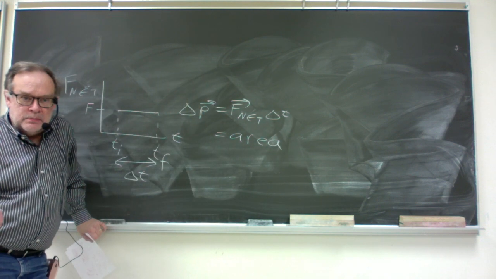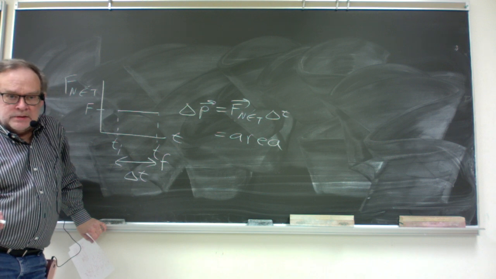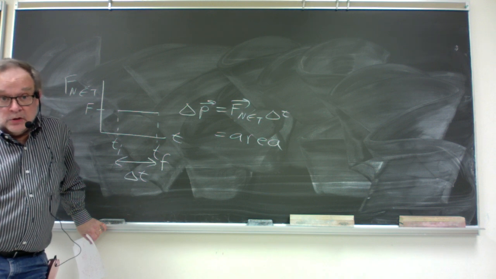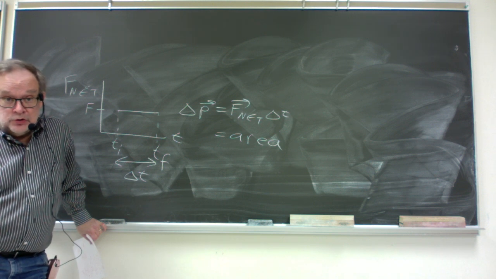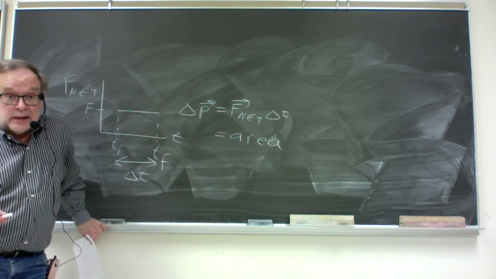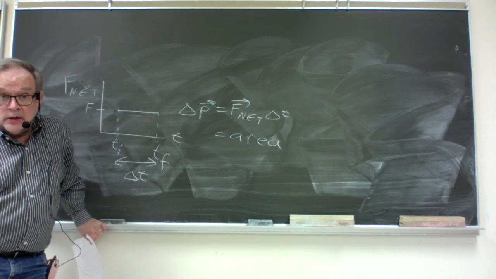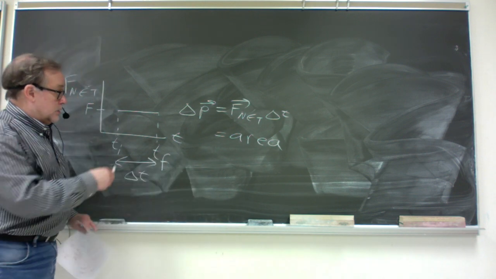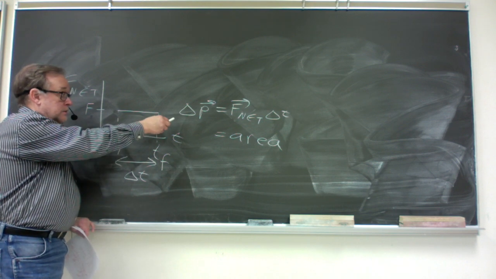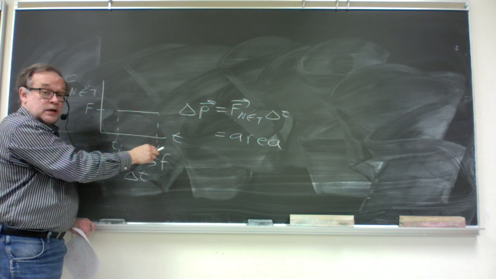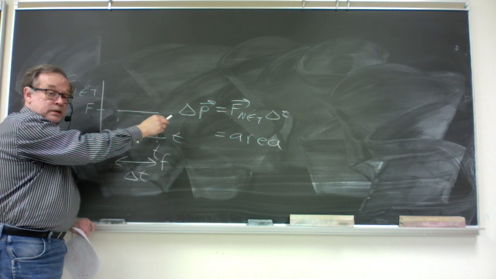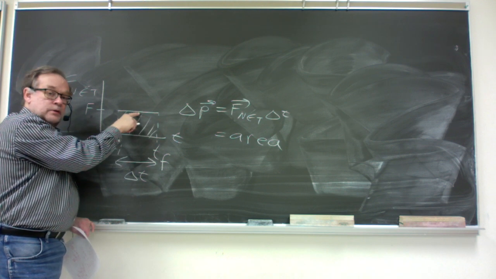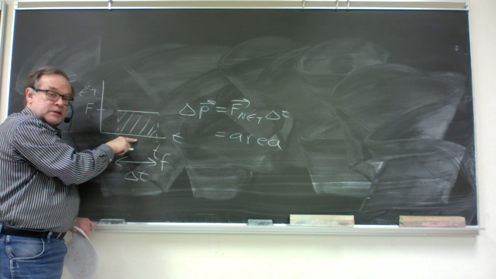And now we've got a relationship between some significant quantity, change in momentum, and area in a graph. We saw that once before, way back in chapter 2, when we saw that in a graph of velocity versus time, there was an area that was equal to the displacement of the moving thing. And here, very similarly, in a graph of net force versus time, the change in momentum is simply equal to the area between the force line and the time axis.